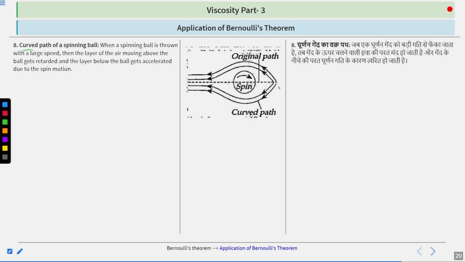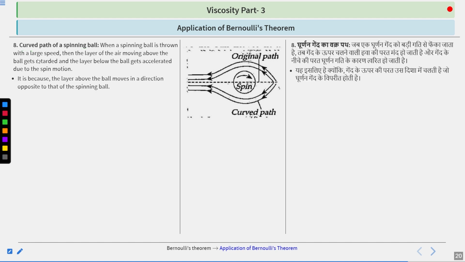Curved path of a spinning ball. When a spinning ball is thrown with a large speed, the layer of air moving above the ball gets retarded and the layer below the ball gets accelerated due to the spin motion. It is because the layer above the ball moves in a direction opposite to that of the spinning ball.